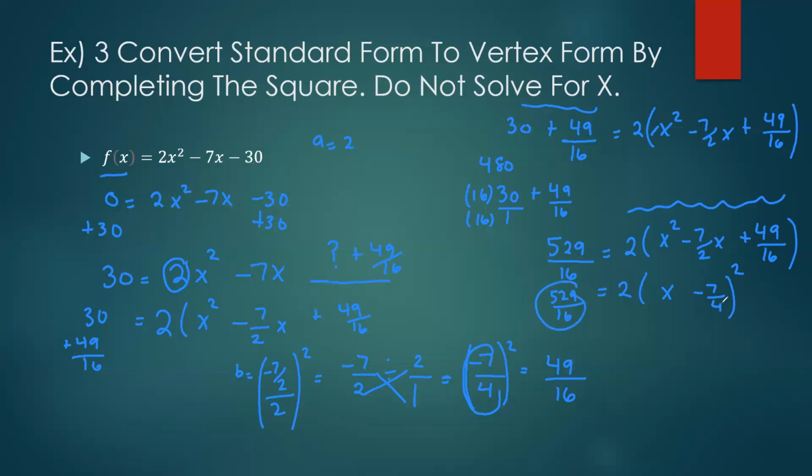Then move this to the right by subtracting 529 over 16. So your function is y equals 2 parentheses x minus 7 over 4 square minus 529 over 16. Okay, so instead of y, you can use f of x.